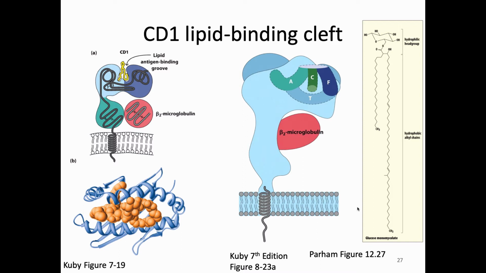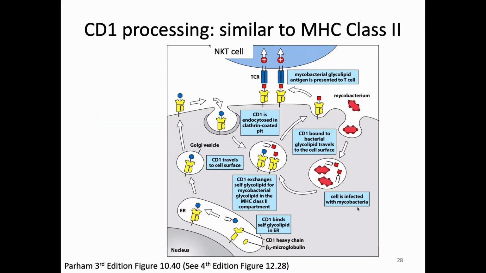However, there's also another way that we can think about CD1, and that is the steps of the CD1 processing pathway, how it gets its lipids, how it moves throughout the cell. And that part, CD1 processing, looks exactly the same as Class II. So CD1 is in the ER.